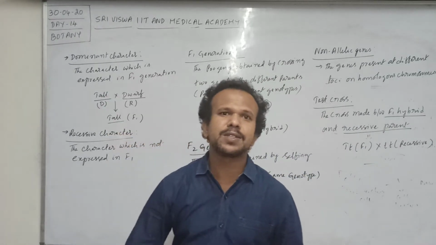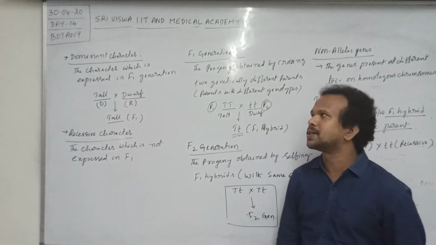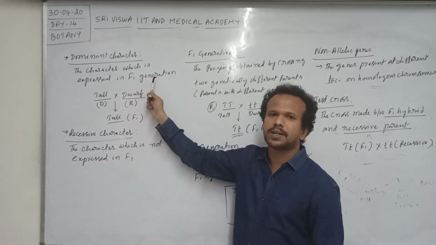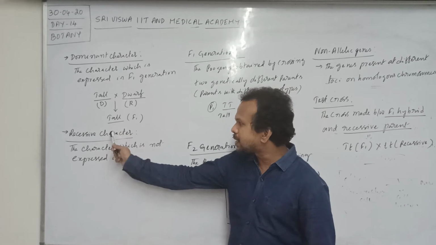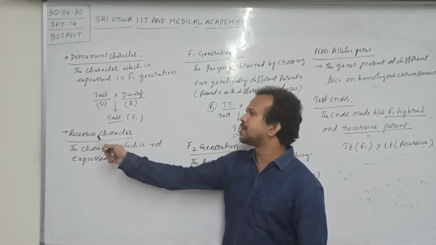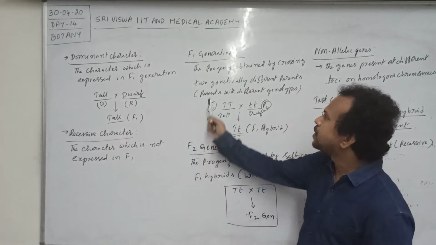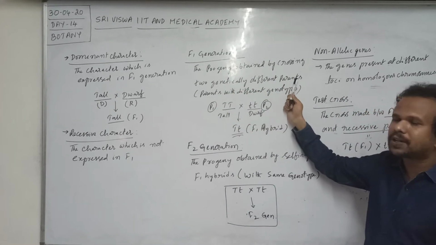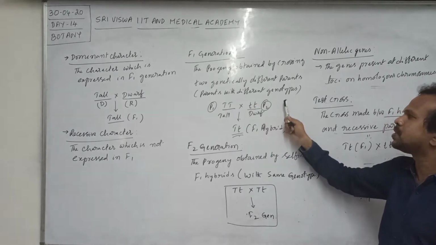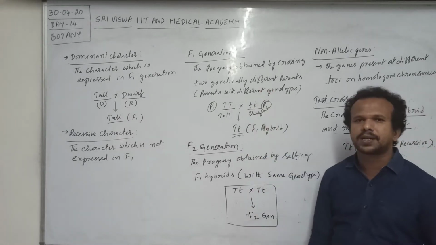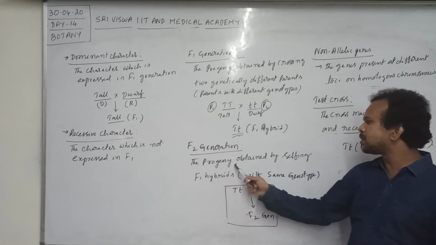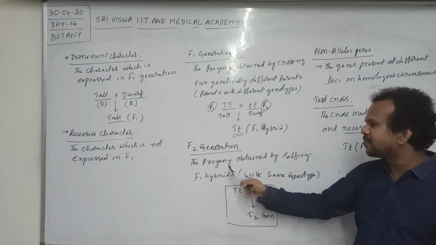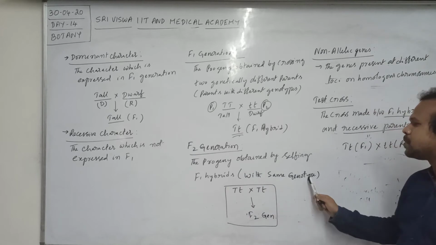The terminology is very important regarding genetics. What is dominant character? The character which is expressed in F1 is dominant. The character which is not expressed in F1 is recessive. Then what is F1 generation? Progeny obtained by crossing genetically different parents, I mean parents with different genotypes, is F1 generation. What is F2 generation? The progeny obtained by selfing F1 hybrids, I mean with the same genotype.